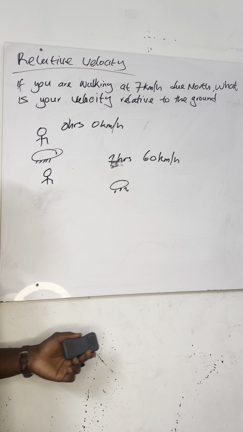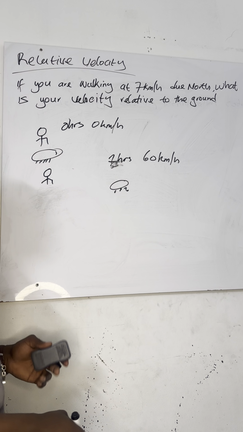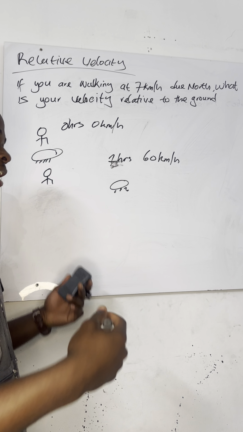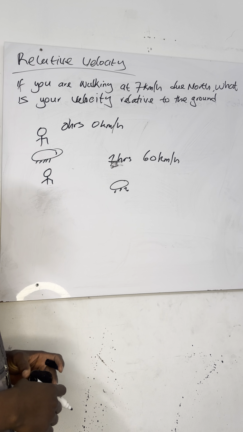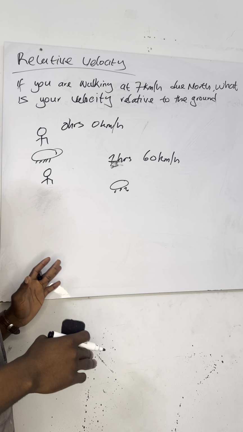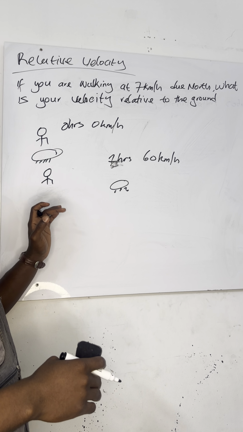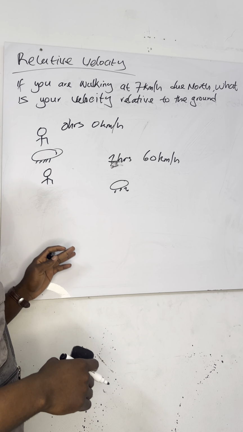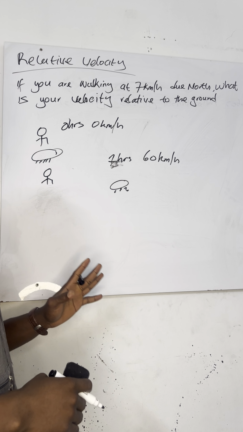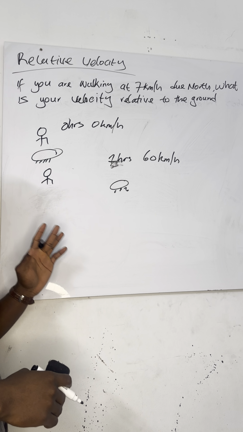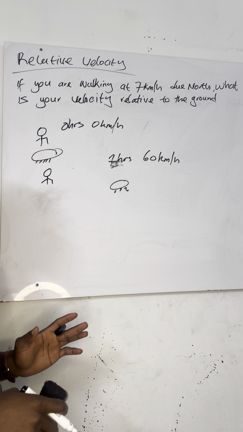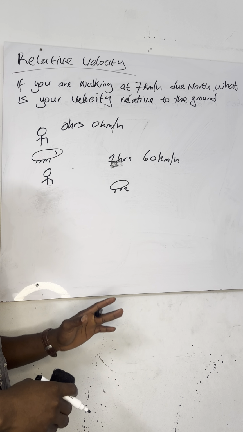What about in 2 hours? In 2 hours it's going to be 120 kilometers. Now the simple thing you need to understand here is the relative velocity of the train relative to you. It's 120 kilometers when it's in 2 hours, and in 1 hour it's 60 kilometers.